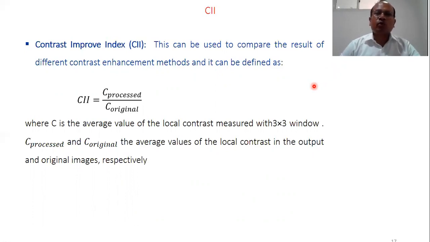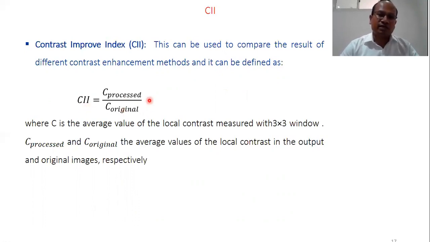Contrast can be improved in the spatial as well as the frequency domain. Contrast plays a very important role, especially when our application is visualization based, where we want to visualize something. The difference between adjacent, neighboring pixels plays the most important role. And this is how you can calculate how much contrast has improved.